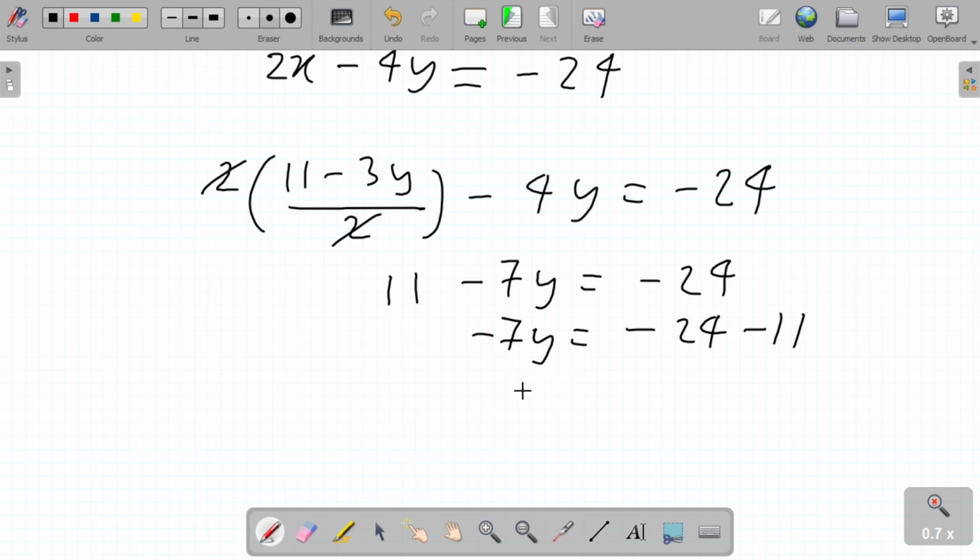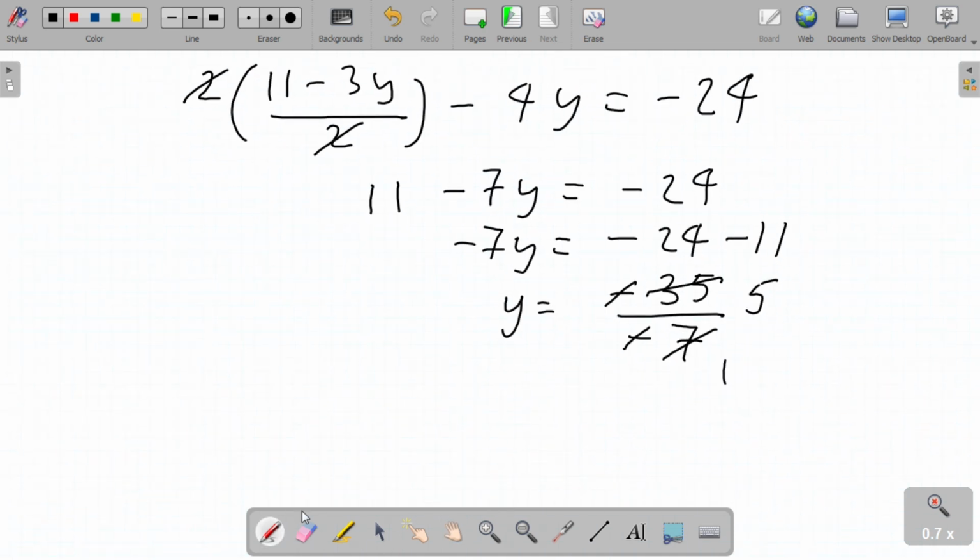Let's see. y equals minus 24 and minus 11 will be minus 35, upon minus 7. We can cancel out minus 7. 7 1 is 7, 7 5 is 35. So now we got the value of y equals 5.